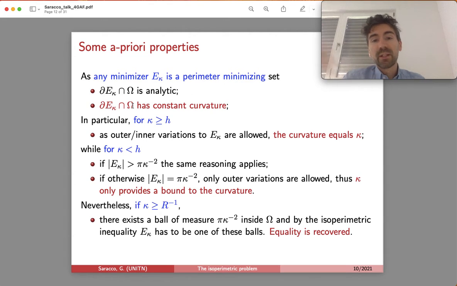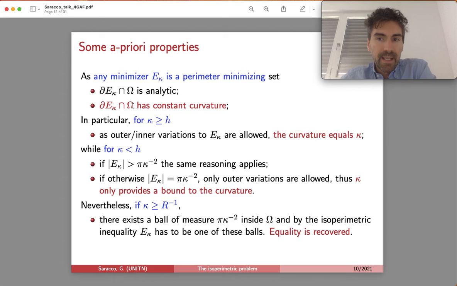The mean curvature is still going to be constant, but the problem is that in higher dimension you have a bunch of different hypersurfaces with constant mean curvature, when in 2D you only have two possible curves. Either you're a line, or a union of lines, or a union of arcs of circle with constant curvature. And this is the key reason why we can tackle this problem in 2D.